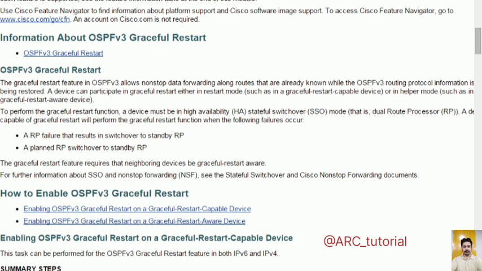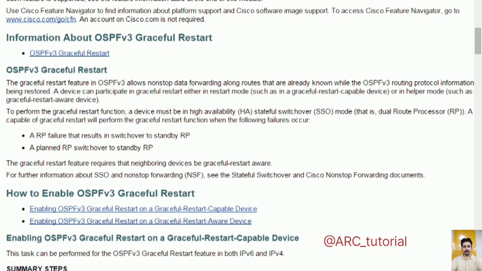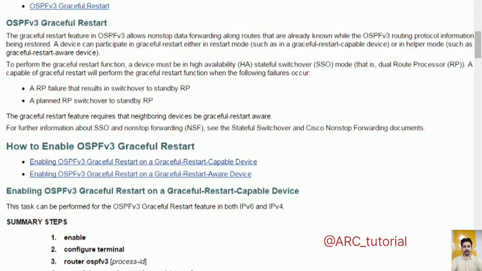It was pre-planned. Now, the graceful restart feature requires that the neighboring device be graceful restart aware. Fine. For further information about SSO and NSF, you can see all these documents as well.